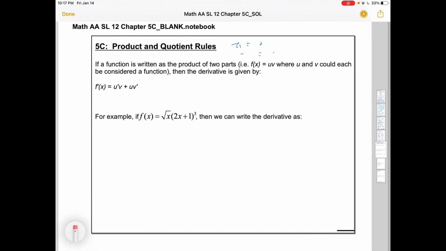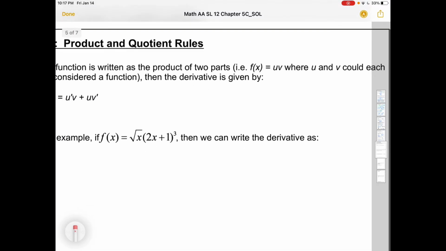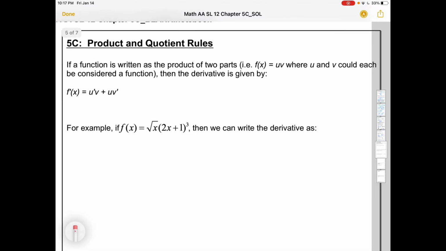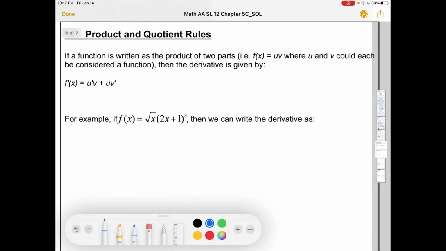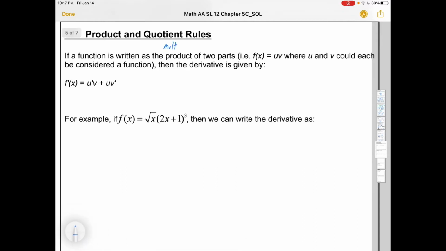So if you have two things that are multiplied together, so a product of two parts, that you could call u and v if you wanted, this is multiplication. When we say product of two parts, u and v are both functions of x.